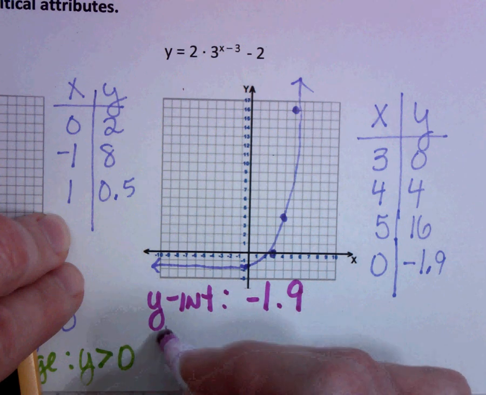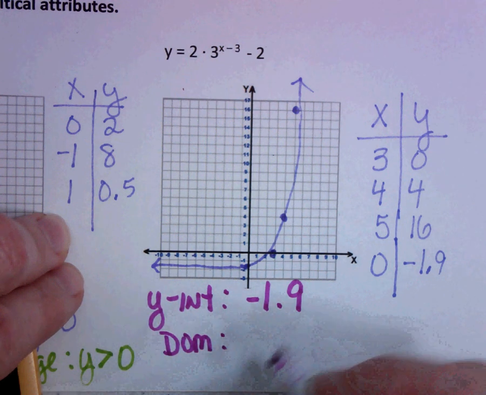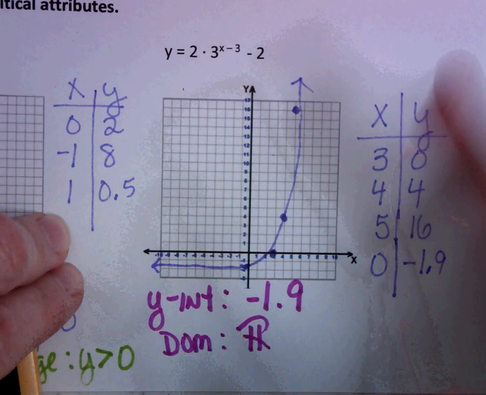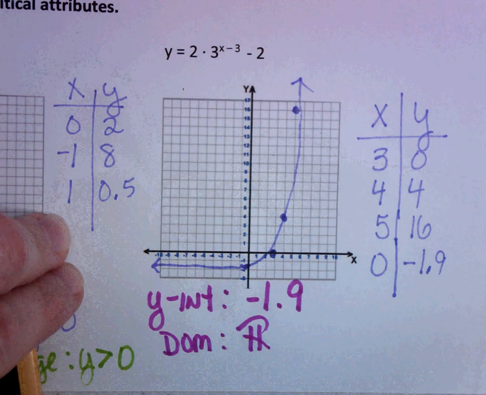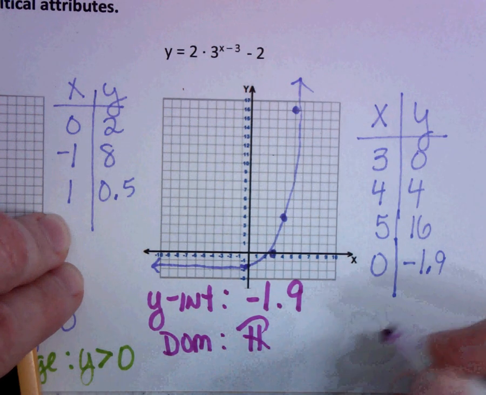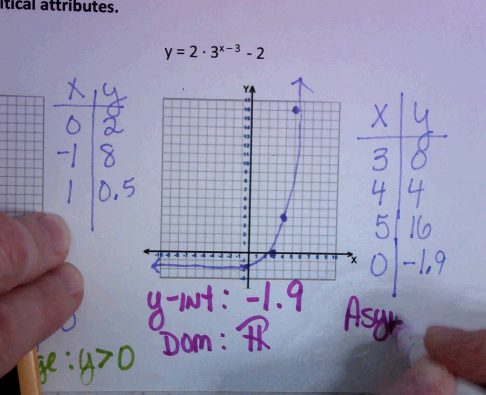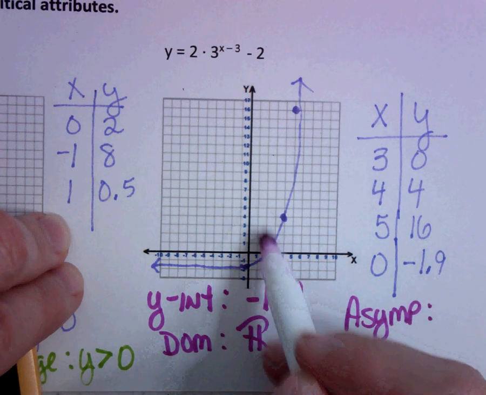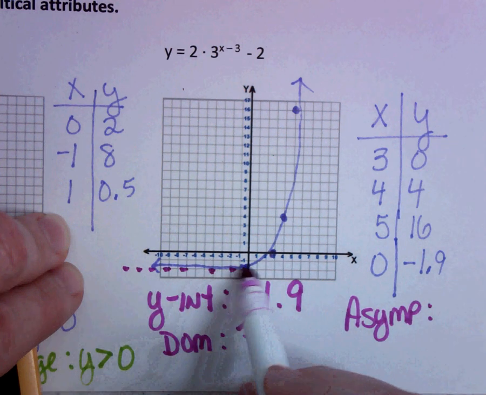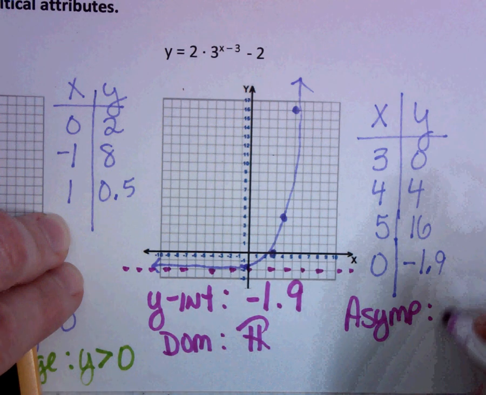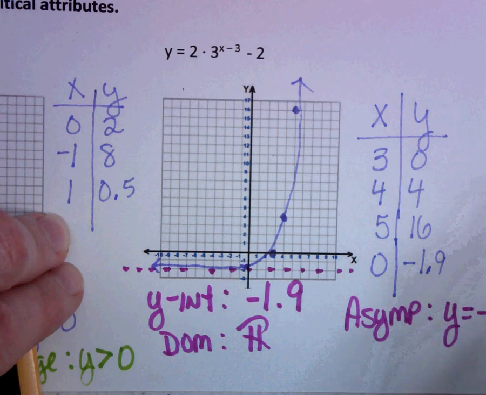Our domain, again, is going to be all real numbers because we're not terminating, we're not ending at any points. Our asymptote is going to be this horizontal line at -2, so y equals -2.